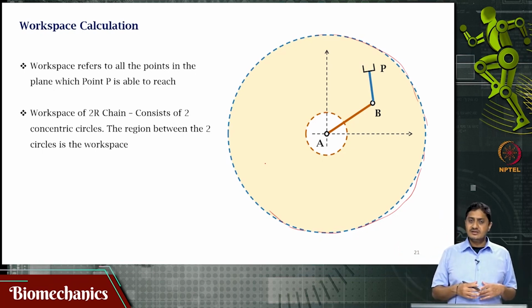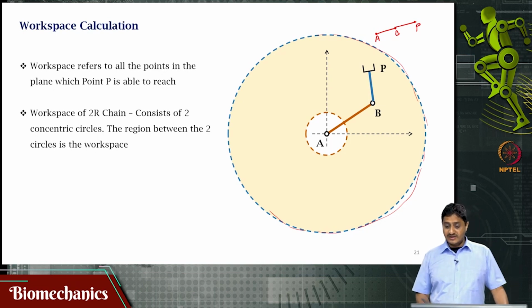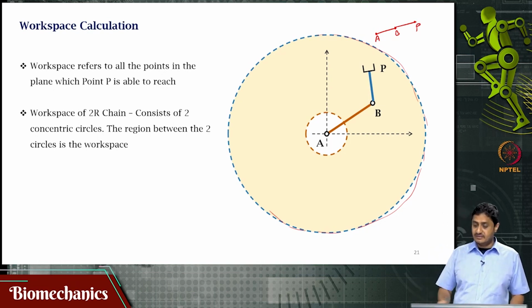The angle between AB and BP is 180 degrees, just like this, A, B, P. When that happens, I will inscribe this big circle.